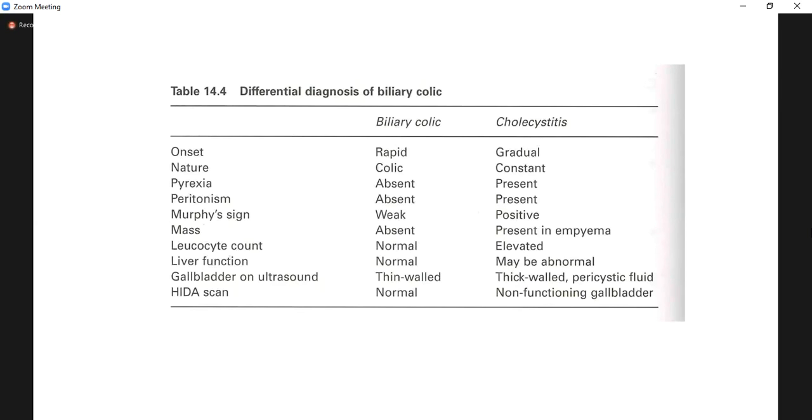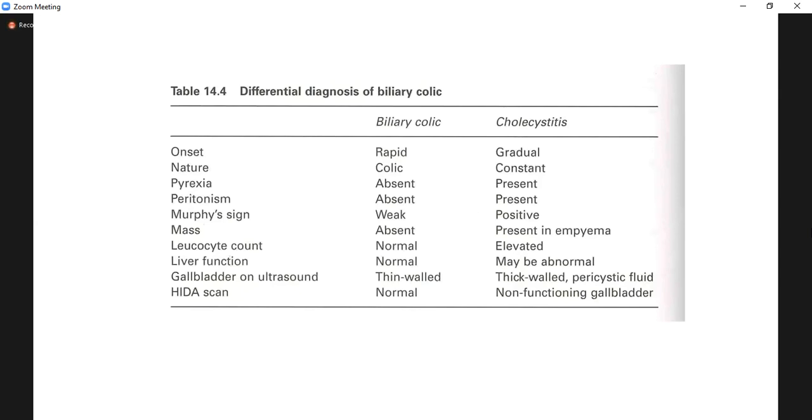There is obstruction of the cystic duct, so the bile cannot flow into the common bile duct, and the patient develops biliary colic. After some time, the stone falls back into the gallbladder, biliary flow is established, and the pain disappears. So this is biliary colic.